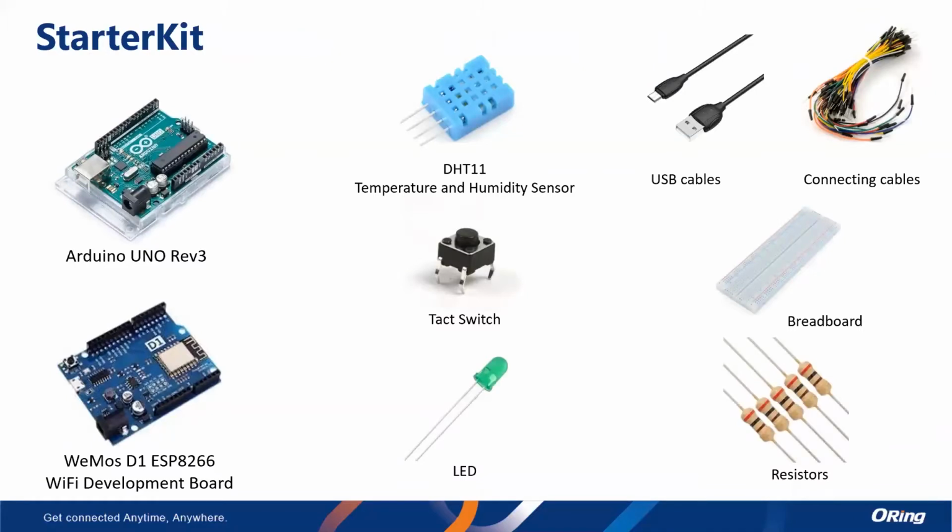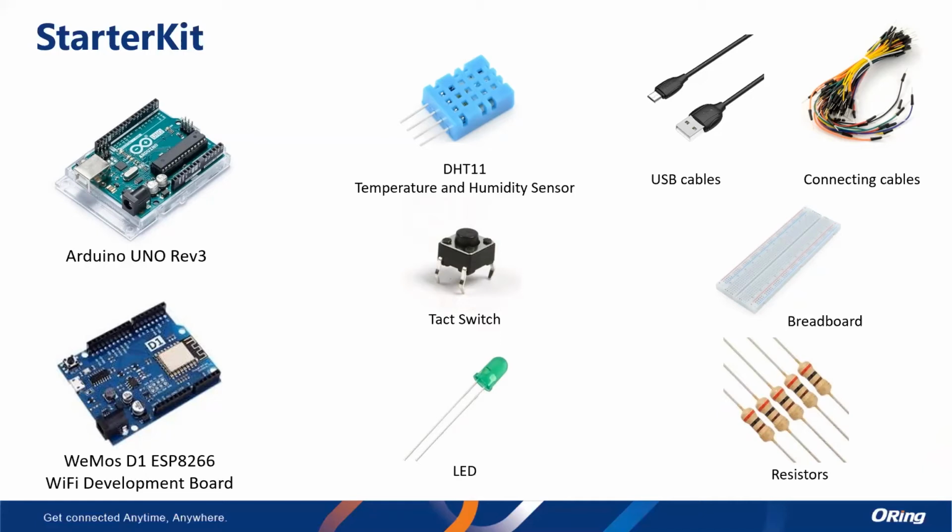For the starter kit that I used for my presentation, this is the equipment I have for the demo today, which is Arduino Uno Rev 3. I have an ESP8266 module, which is a Wi-Fi module compatible with Arduino, and it's based on the Wemos D1 Wi-Fi development board, which is quite easy to program with a USB interface.